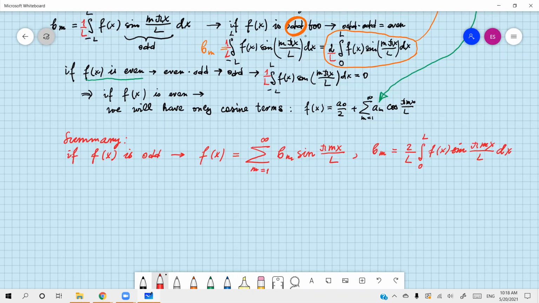So for odd functions, we are going to have only the sine series, and the coefficients are going to be defined like this.